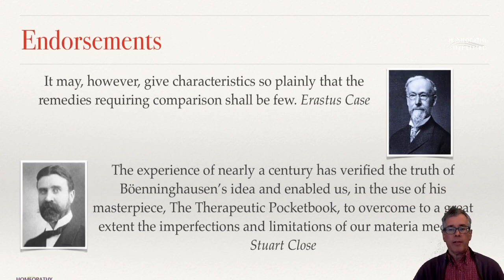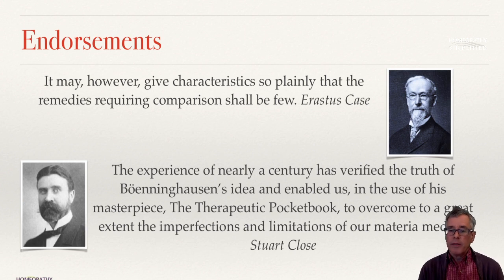So these are some of the famous homeopaths of our history, and they gave great commendation to Boenninghausen's work. Erastus Case writes, "It may, however, give characteristics so plainly that the remedies requiring comparison shall be few." And that is really the point of Boenninghausen's work, to reduce the number of remedies to 3, 4, 5 that you can differentiate in the materia medica.